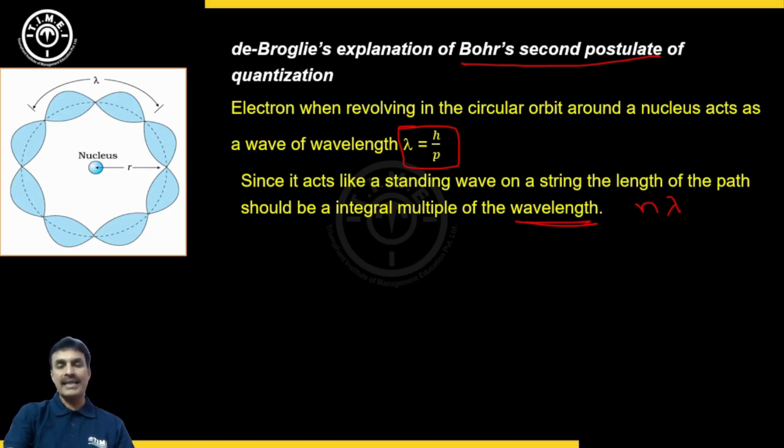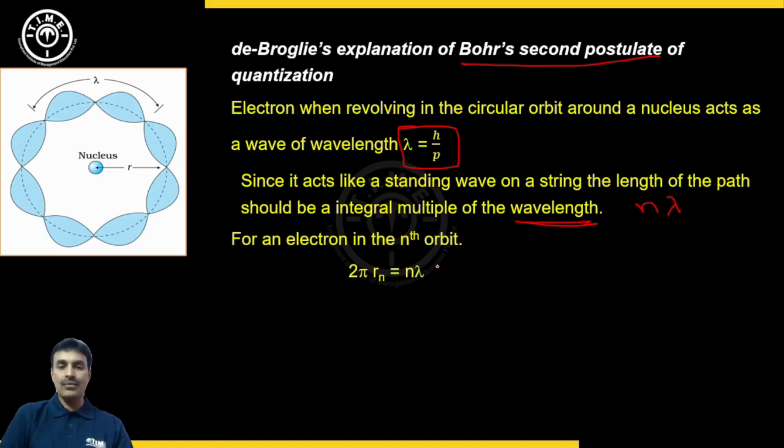If r is the radius, length of the path is nothing but its circumference, 2 pi r. So for an electron in nth orbit, 2 pi r n, radius of nth orbit, is n lambda. What is lambda? It's h by p or h by mv.